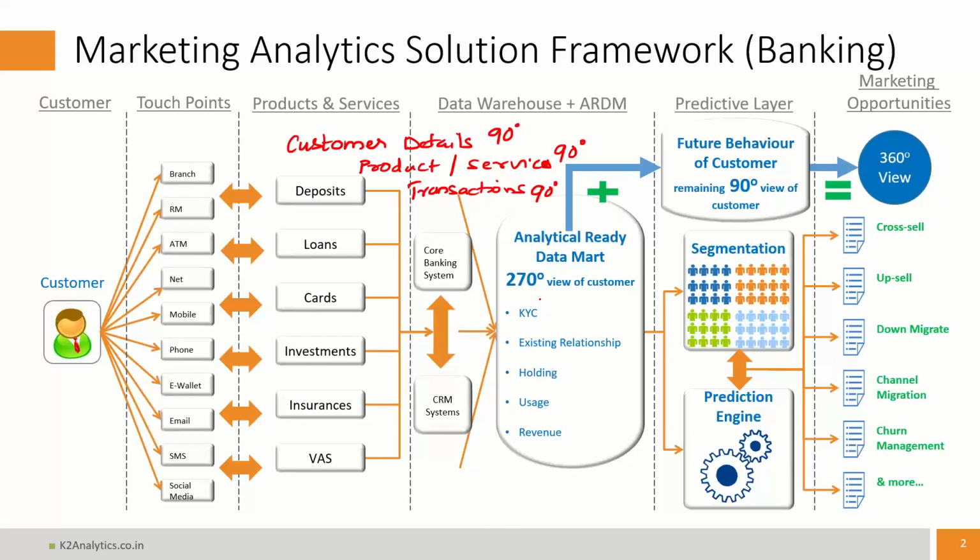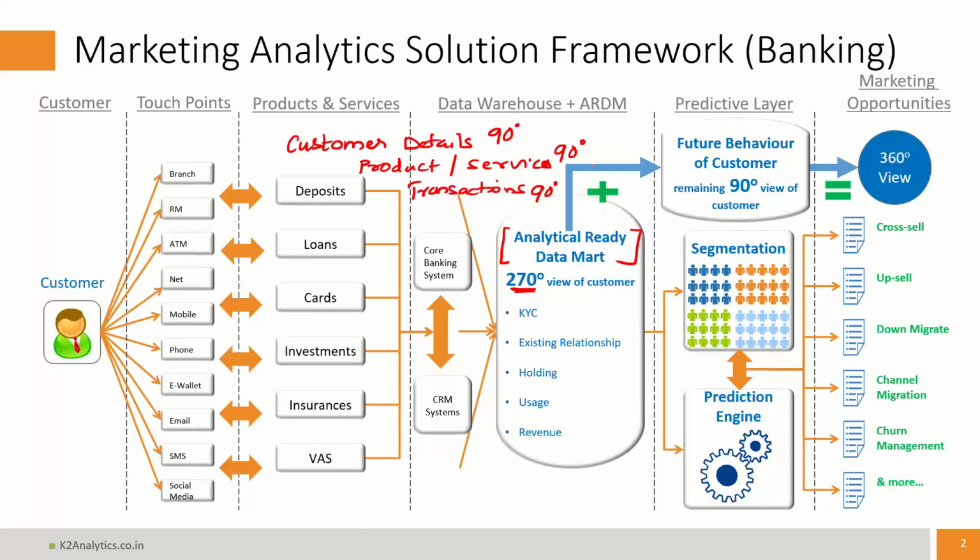All of that you summarize and store in your data warehouse, and probably one of the outputs of a data warehouse is an analytical ready data mart. It gives you a 270-degree perspective.